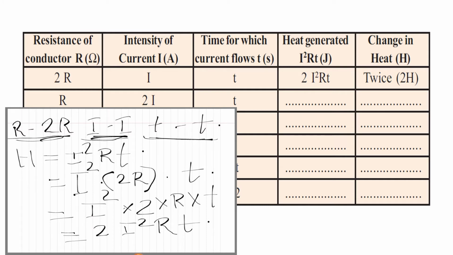Then the heat generated will be 2 I squared RT. The change in heat is twice.